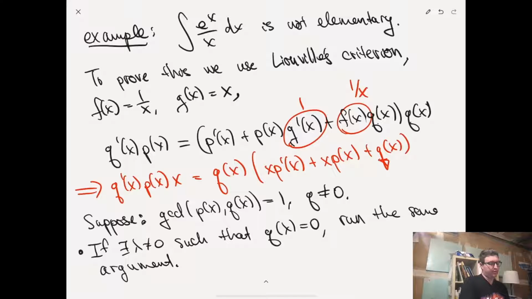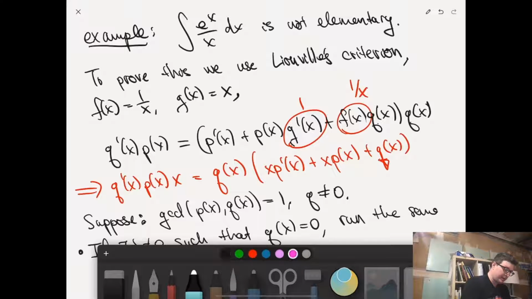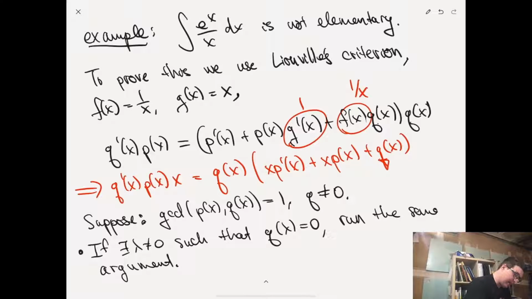We get some power of x minus lambda to the m dividing this thing. It has to divide one of these pieces, right? Each x minus lambda has to divide one of the pieces, and there's only so many pieces the q prime can have, so it has to divide the p since it doesn't divide the x.